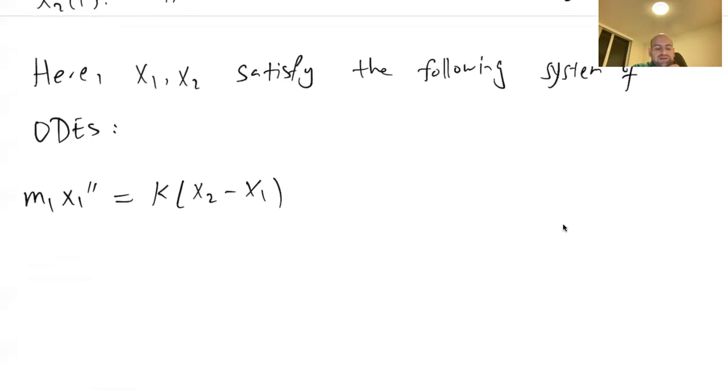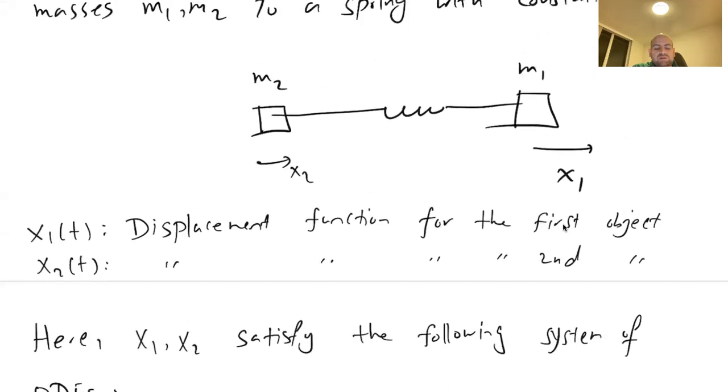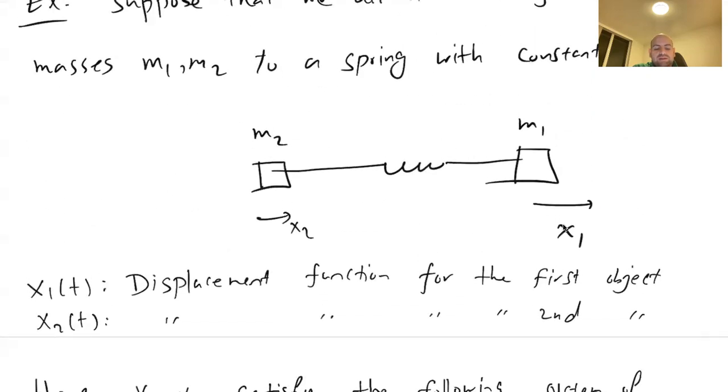So in that case, if x1 is equal to x2, the force will be 0. And if x1 is bigger, let's say x1 moves 5 centimeters towards right, x2 only 2 centimeters. Then overall, it's like the first object moves 3 centimeters. Basically, the spring is stretched by 3 centimeters.